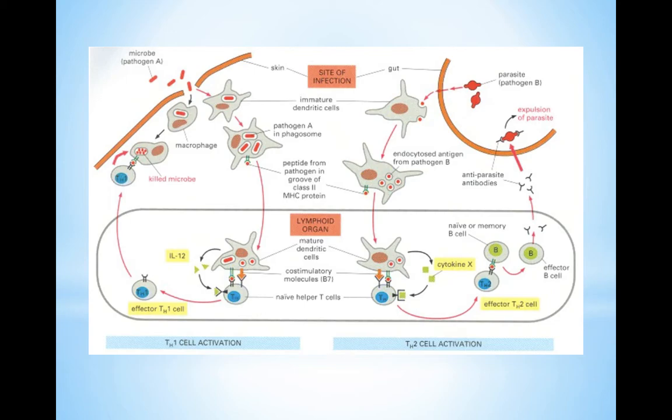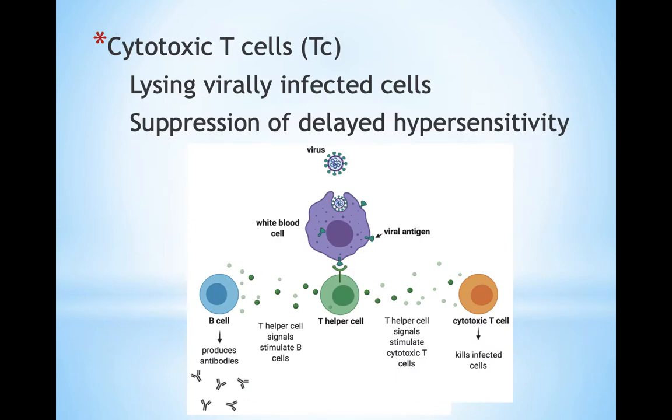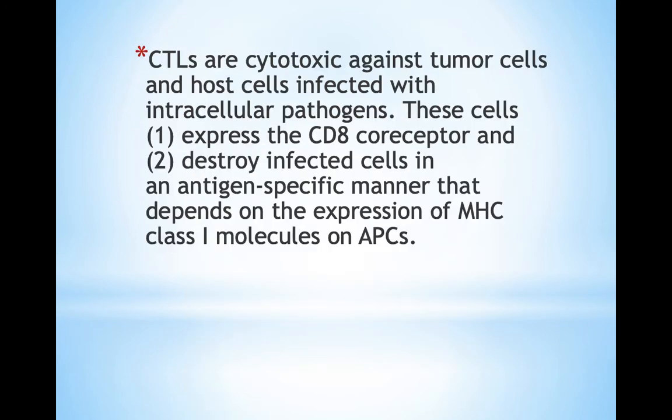Okay, so now let's move on to our discussion about cytotoxic T cells. Cytotoxic T cells, we initially introduced as capable of lysing virally infected cells, and they're also capable of suppressing delayed hypersensitivity. So our cytotoxic T cells recognize antigen in the context of MHC class 1.